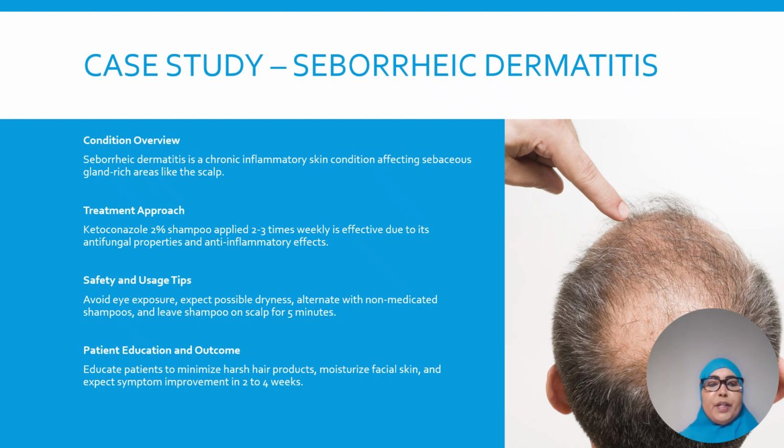Treatment approach is ketoconazole 2% shampoo applied 2 to 3 times weekly, which is effective due to its antifungal properties and anti-inflammatory effects. So you apply that shampoo 2 to 3 times a week.